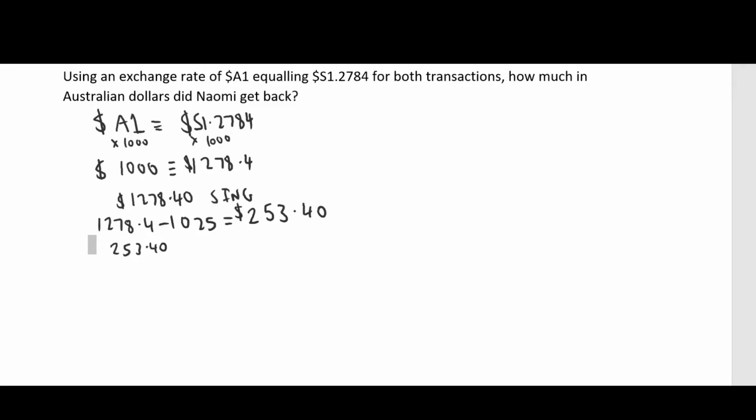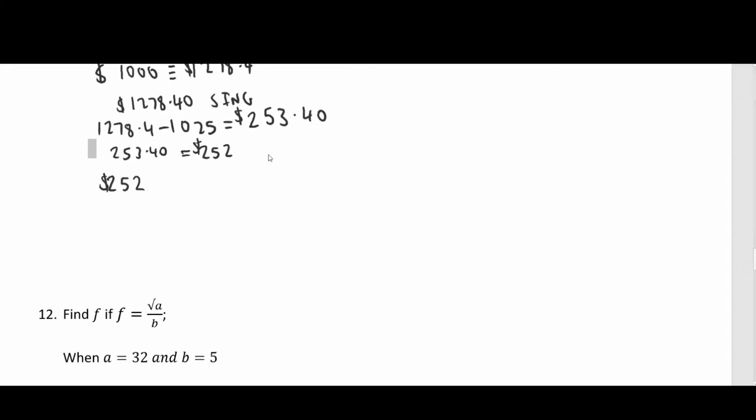Okay, so that's going to be $252 to the nearest multiple of 2. Okay, and then we go 252. We change that back to Australian.